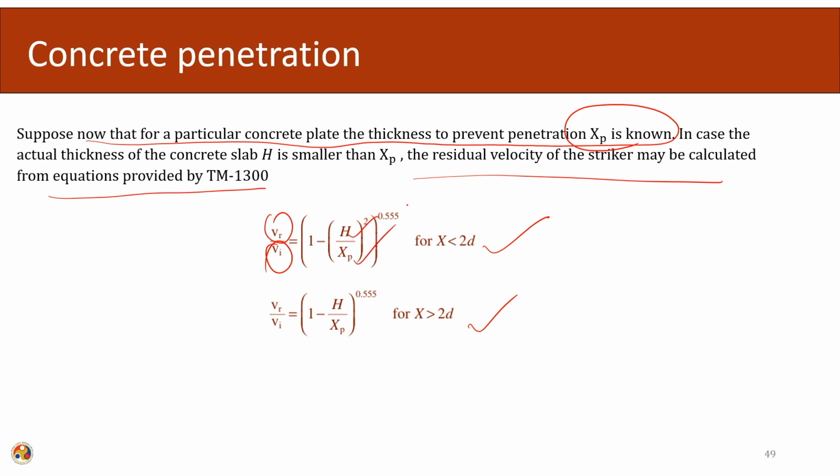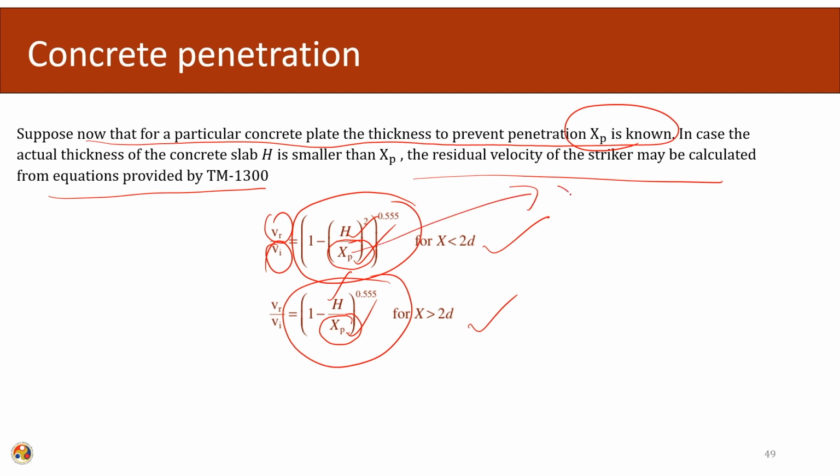Here we can see that these equations are again empirical equations. Here we can only see the geometric properties, but the behavior of the material is inside this expression of XP, which in turn is related to the depth of penetration. So, this way we can correlate the things. So, I will stop here.